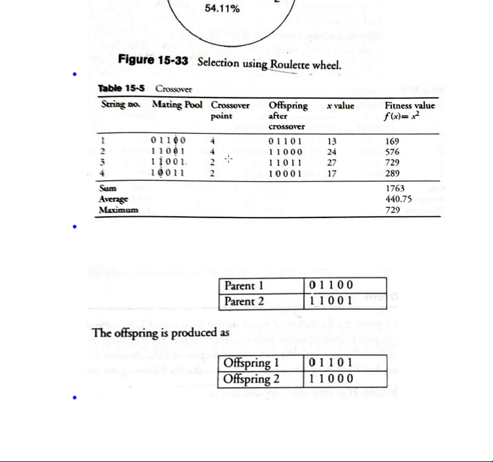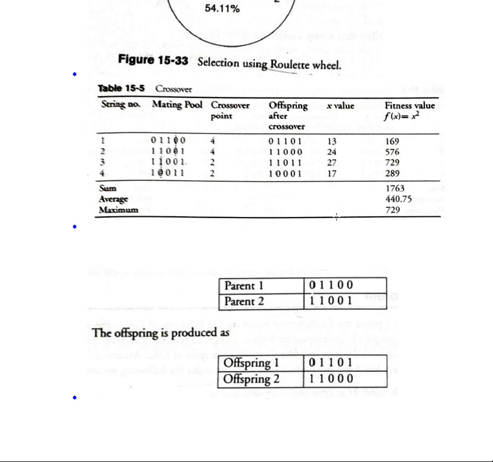Here we have gone with the 2-point crossover, and here we went with the single point crossover. That's how we created this bit, and we have converted this into a numerical value, binary to decimal. So we have got 13, 24, 27 and 17.